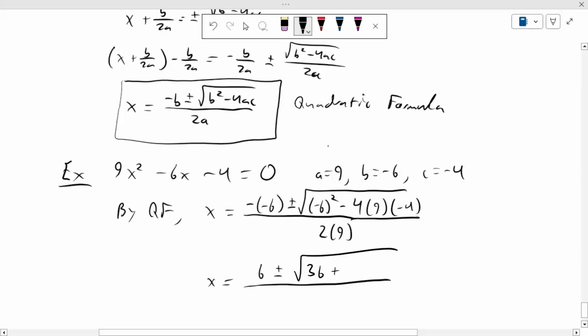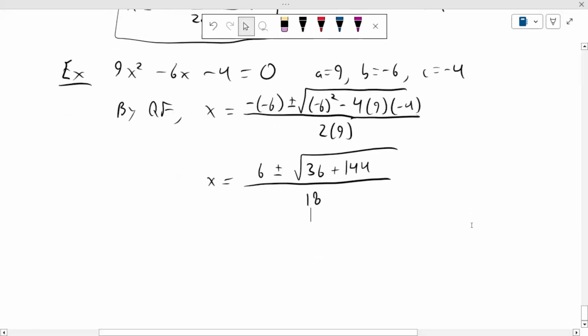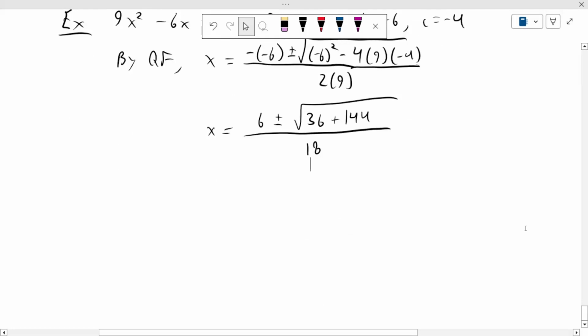That is 144, all over 18. Notice how this became a plus? We have minus a negative number. Very important.